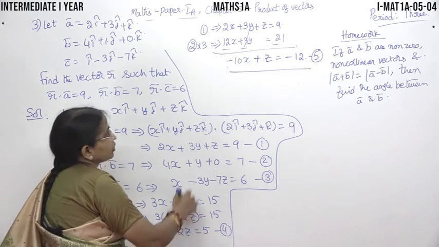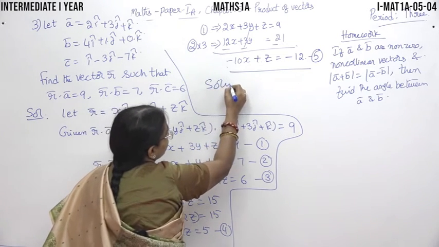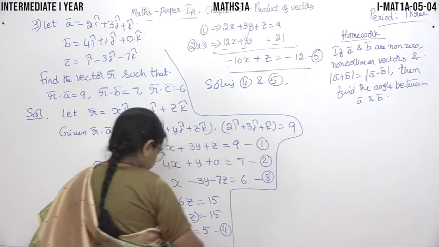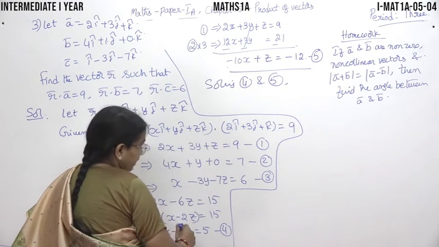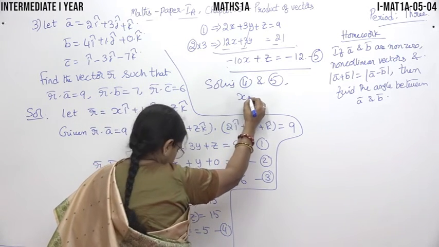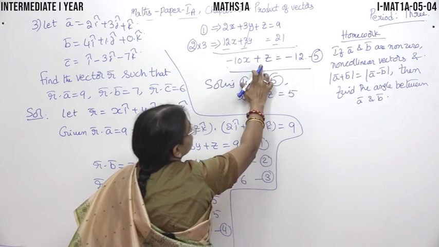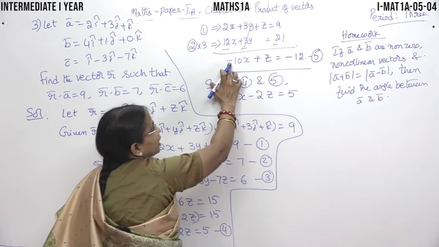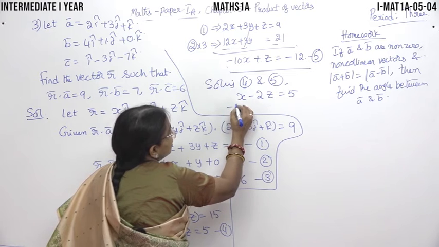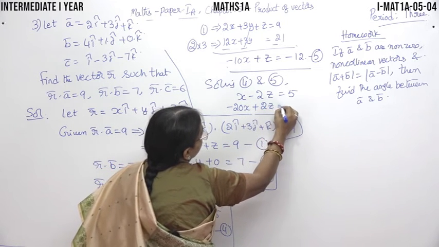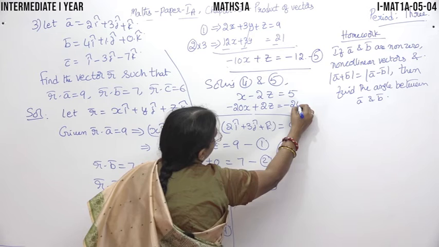Now you solve fourth and fifth equation. Solving 4 and 5: x minus 2z is equal to 5. Here also you try to get 2z, so you multiply the fifth equation by 2. Then it becomes minus 20x plus 2z is equal to minus 24.